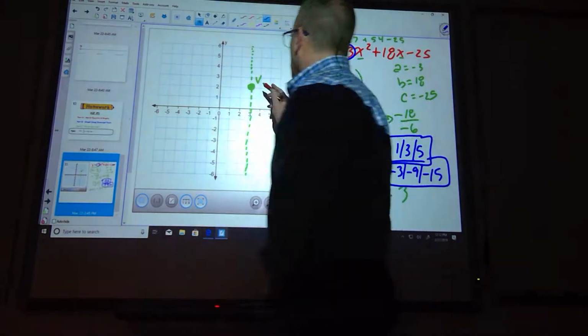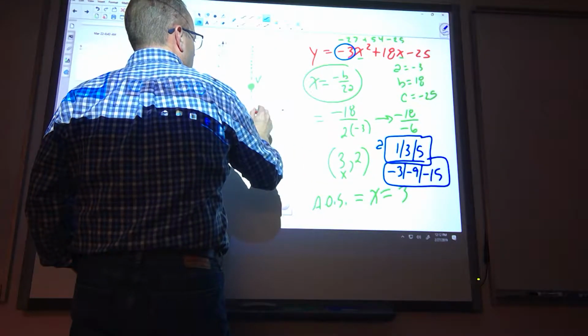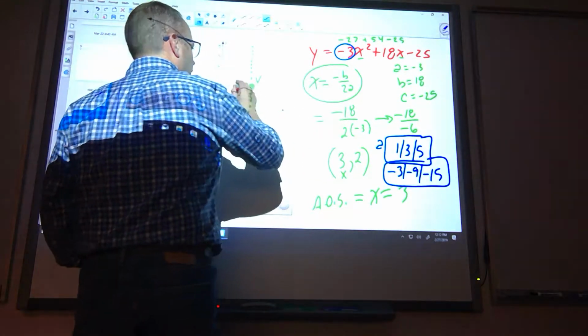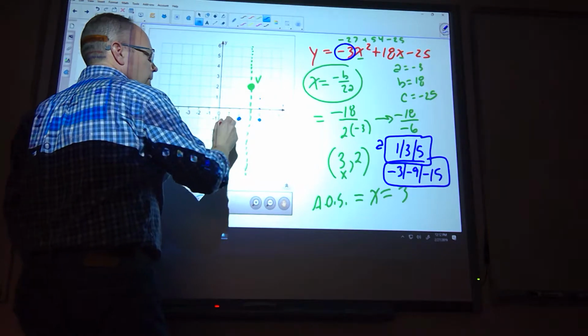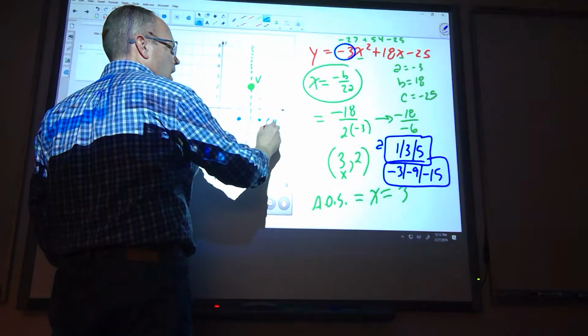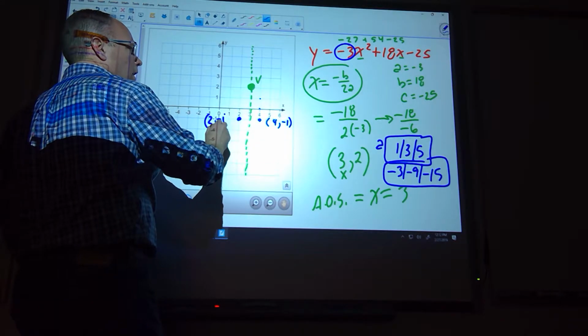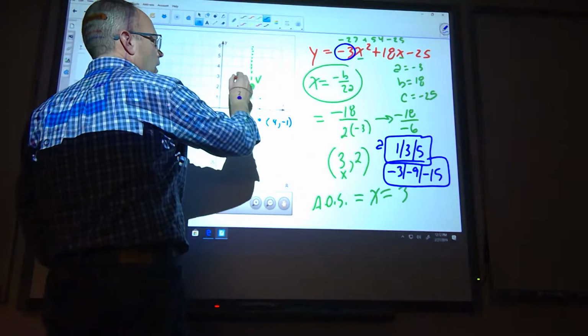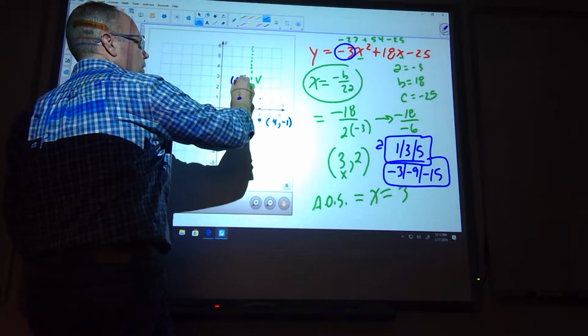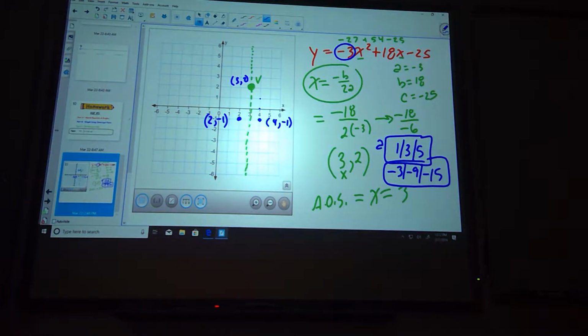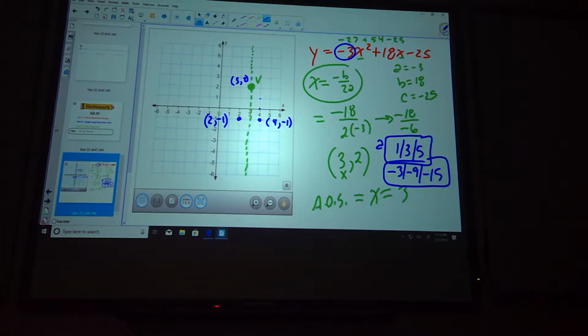So I'm going to go right 1, down 3, and left 1, down 3. So this is the point 4 comma negative 1. This is the point 2 comma negative 1. Obviously my vertex, we already said, is 3 comma 2. Okay, so that works. And mine actually looked like I'd run out of space.